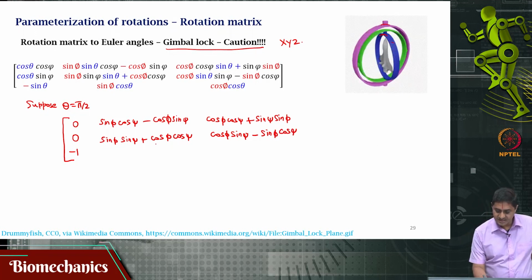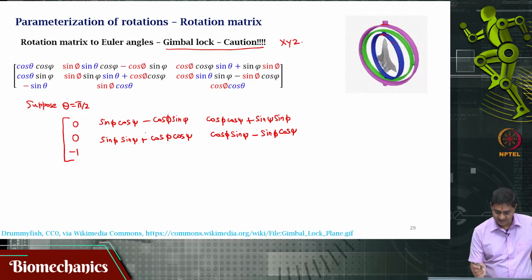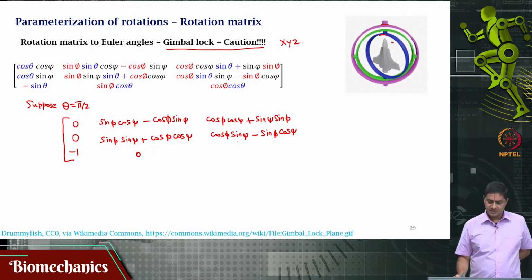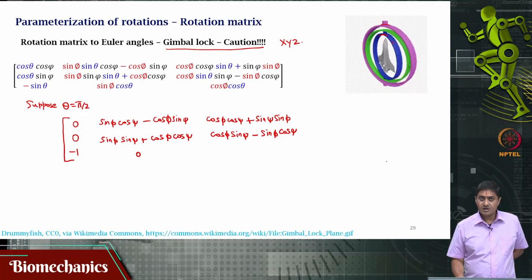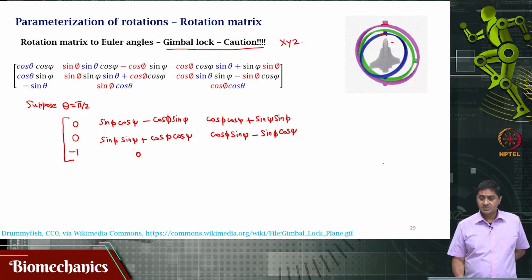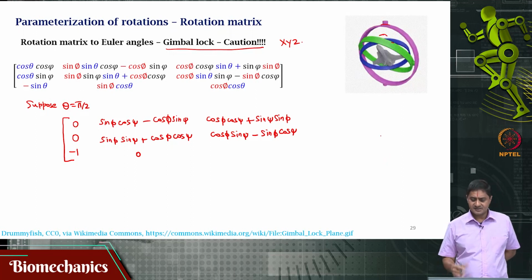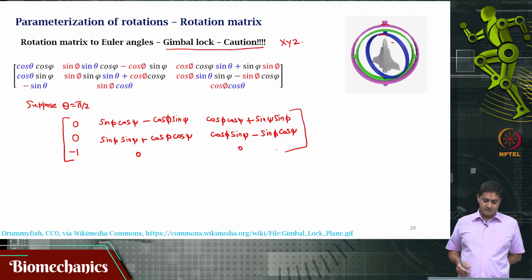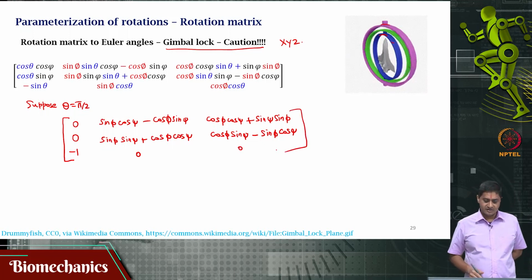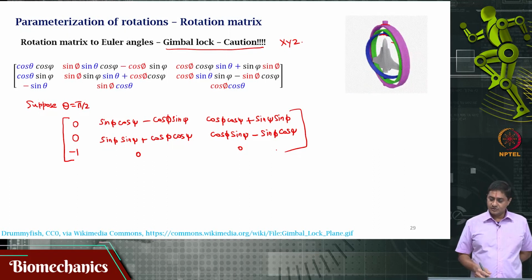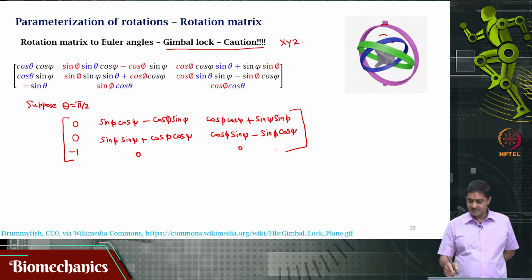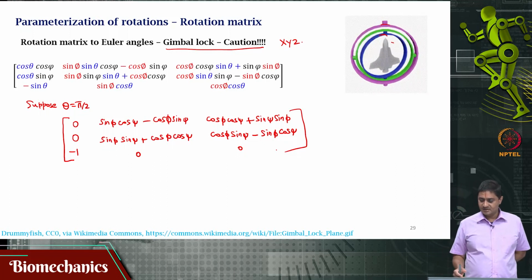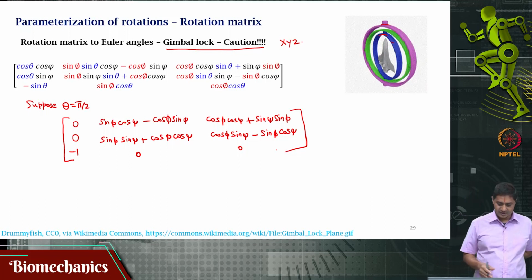The next one is sin phi cos theta, which is 0. The next one is cos phi cos theta, but for theta 90 degrees cos theta is 0. This is the rotation matrix that I get when theta goes to 90 degrees, as seen here. The blue measure here is going to 90 degrees. When it goes to 90 degrees, this is what I will get.